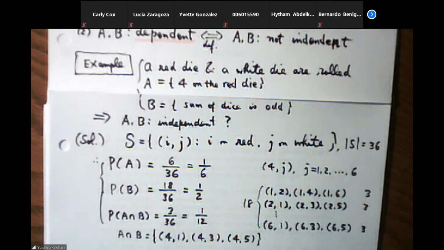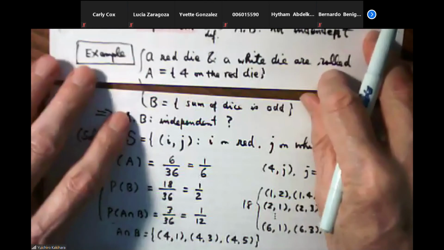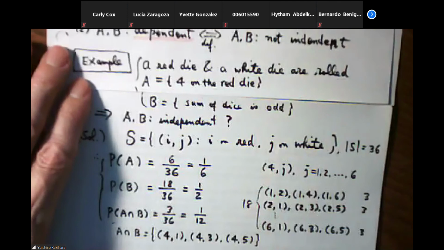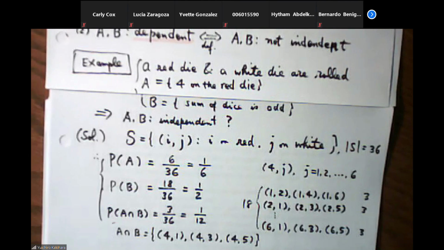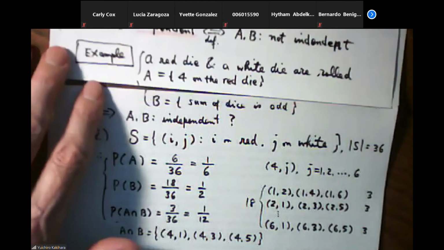Now, how do we determine A and B are independent? It is equal to the product of these two. What is the product of these two? 1/6 times 1/2 is 1/12. Good.